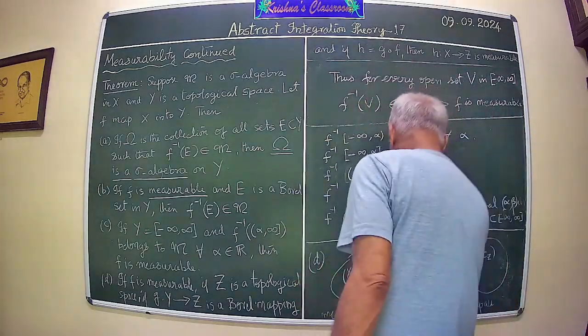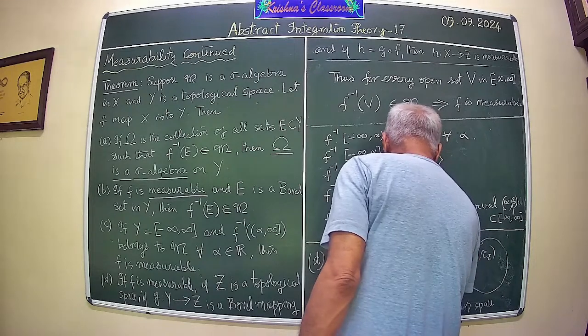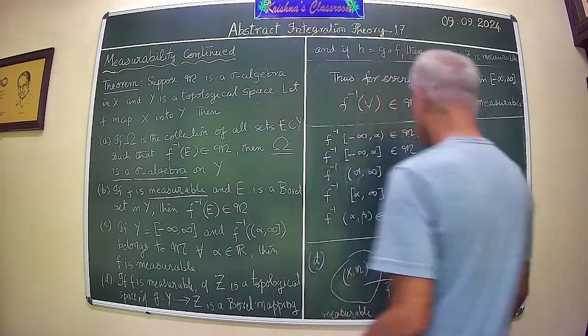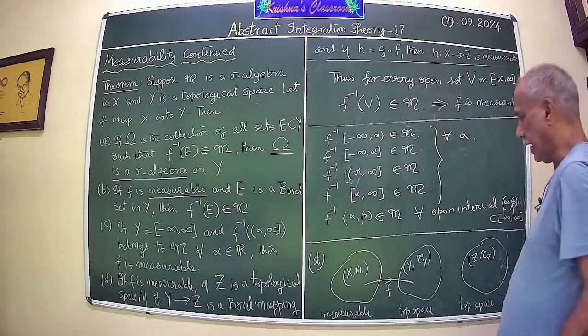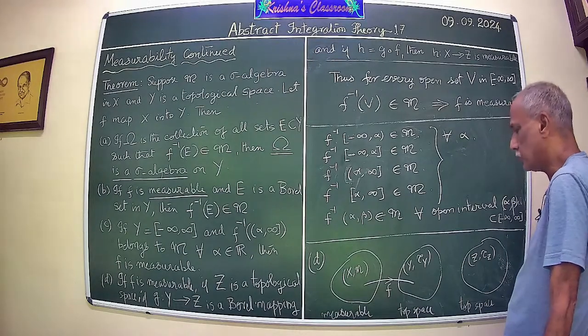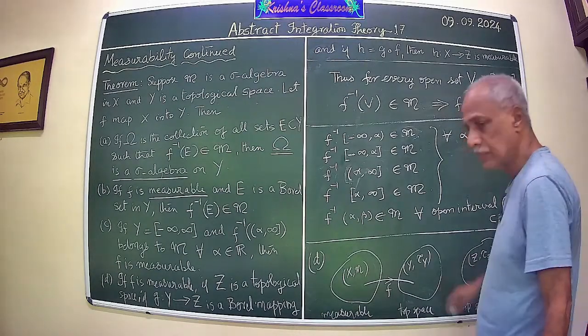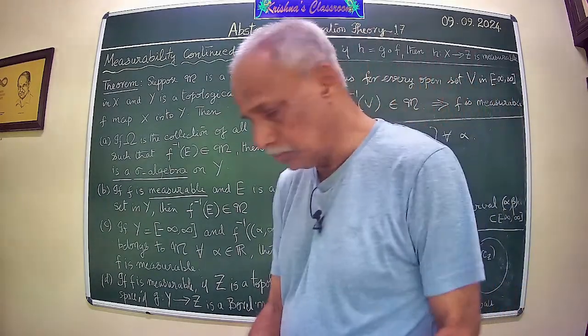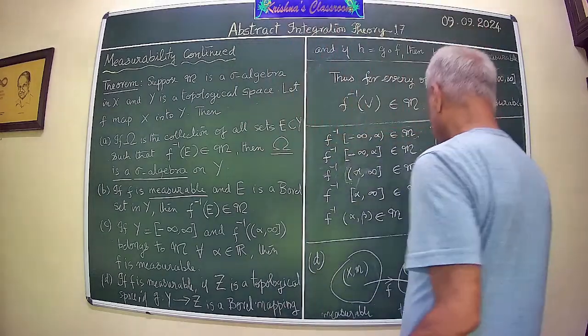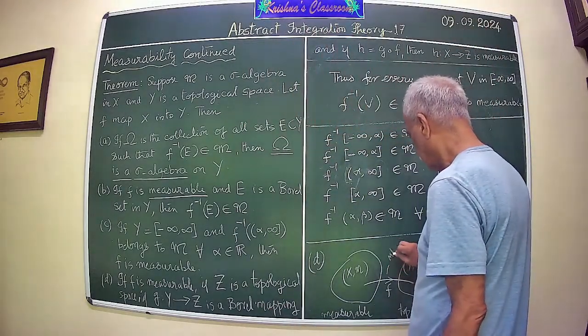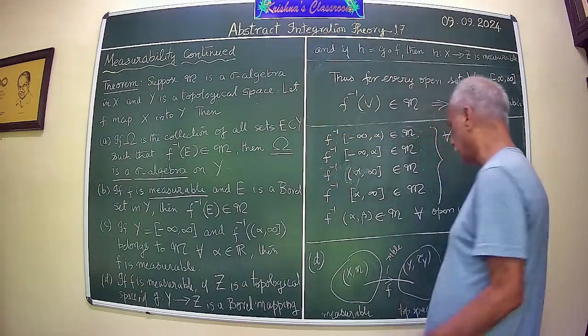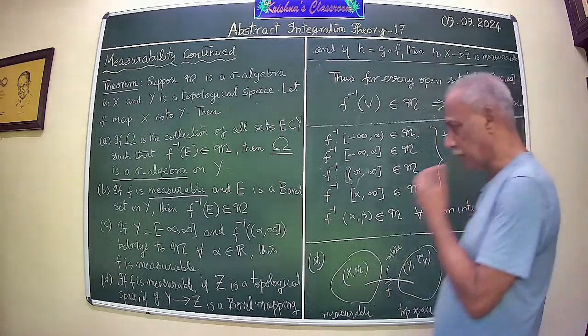And you have f is a map from x to y, which we assume is measurable. It's measurable. Then what is that you are assuming?